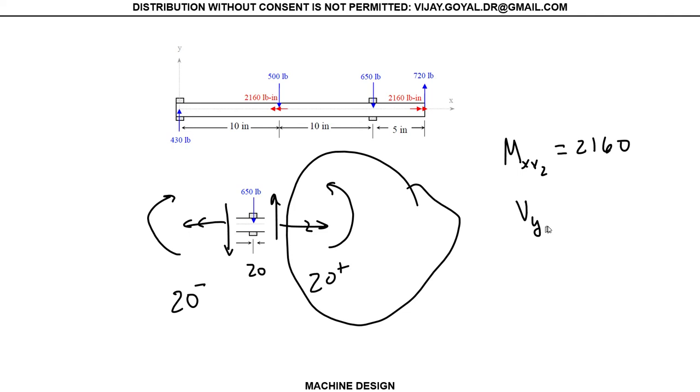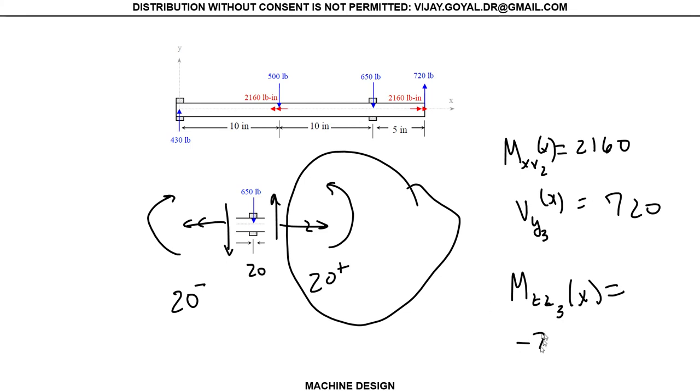Your shear in 3 of x will be 720, and then your moment in 3 of x will be minus 720x plus 18,000.